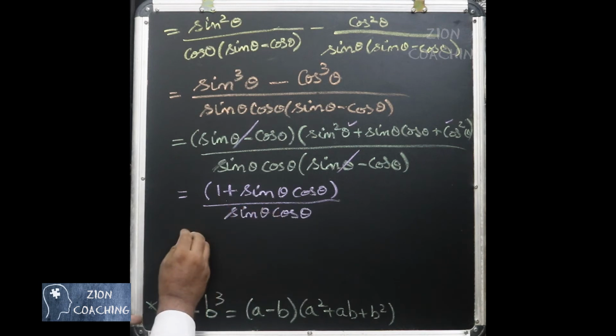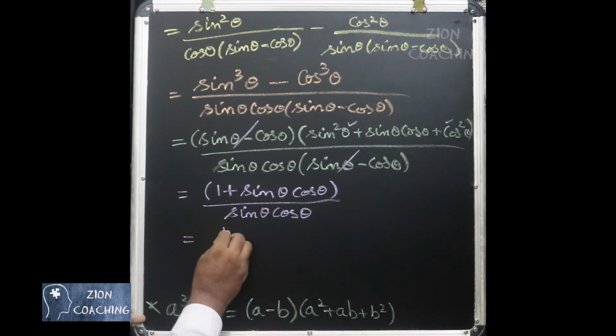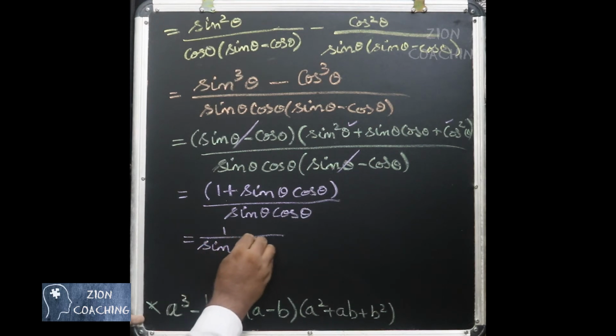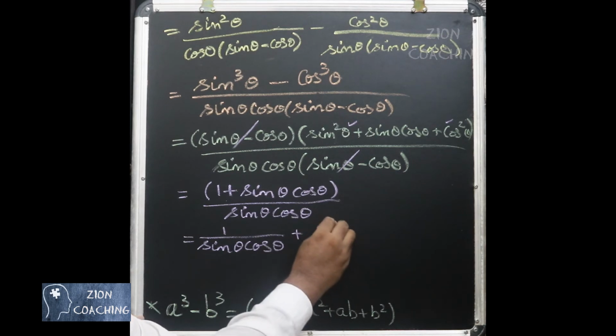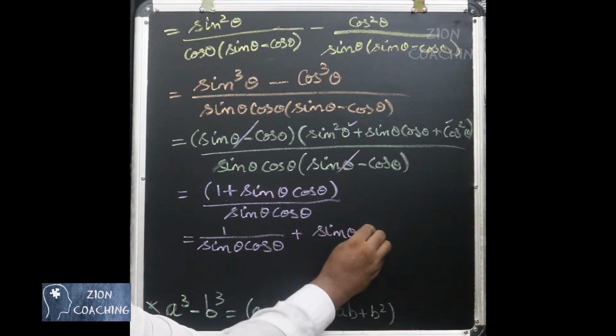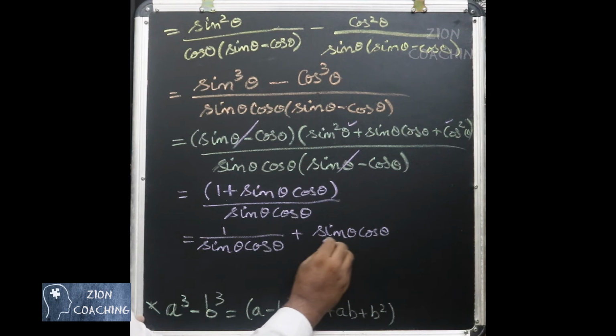Now when you write this separately, you will have 1 by sin theta cos theta plus sin theta cos theta by sin theta cos theta.